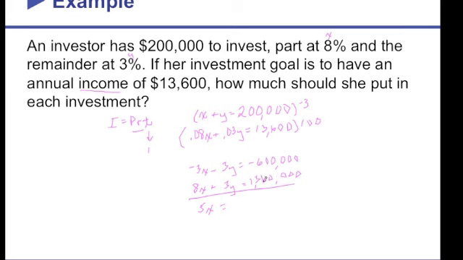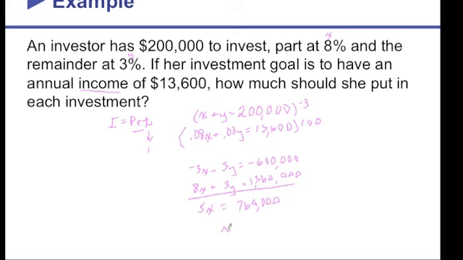And here I will subtract the 600,000 from the 1,360,000. I'll get 760,000.